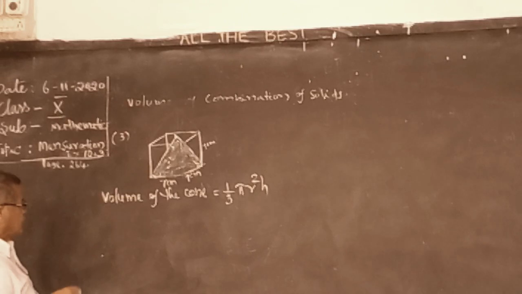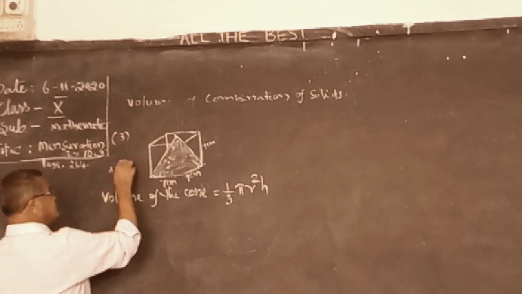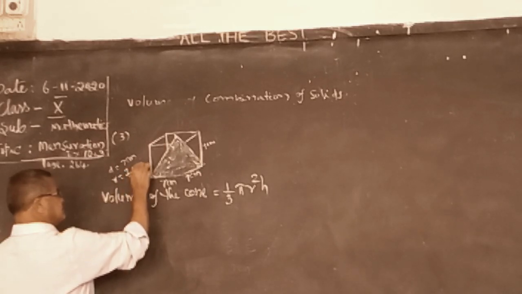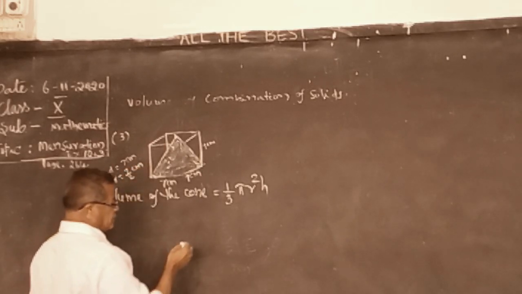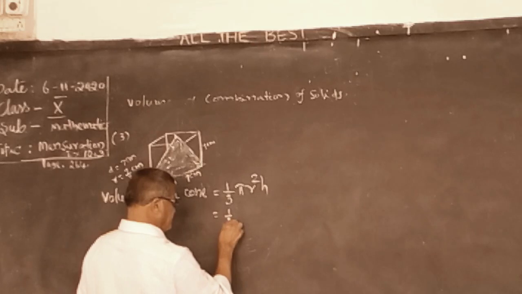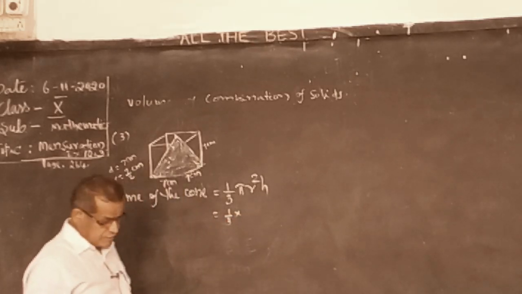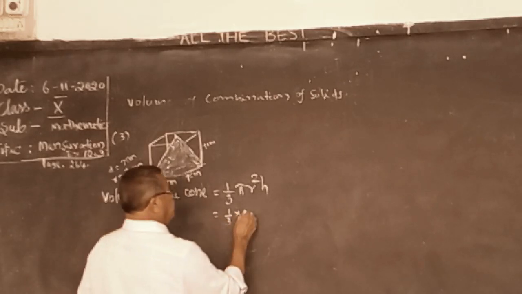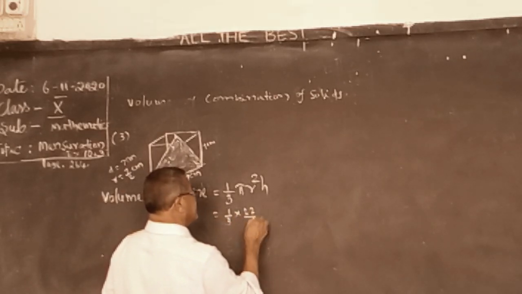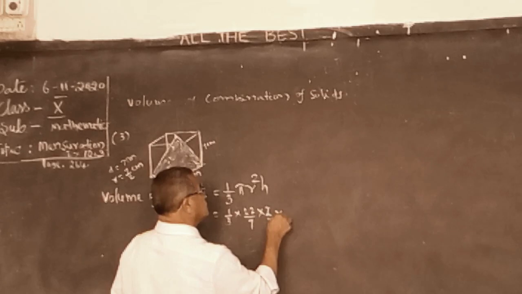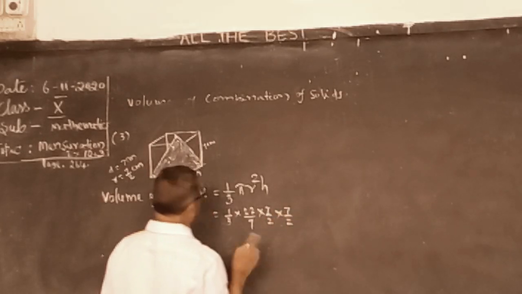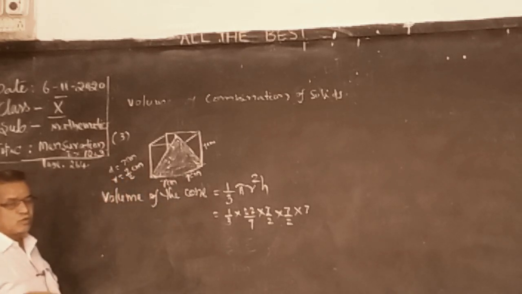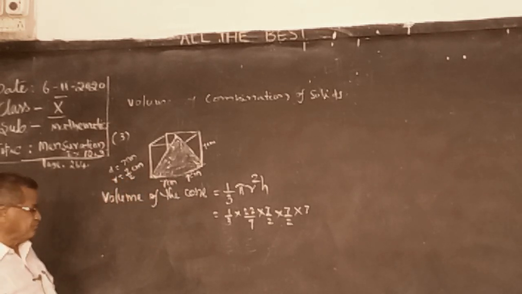Here the diameter of the cone is 7 centimeters and the radius is 7 by 2 centimeters. Substitute the values: 1 by 3 pi, 22 by 7, radius 7 by 2 into 7 by 2, and height also 7. The side of the cube is equal to the height of the cone.